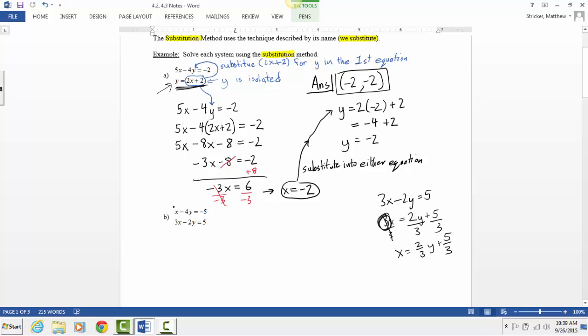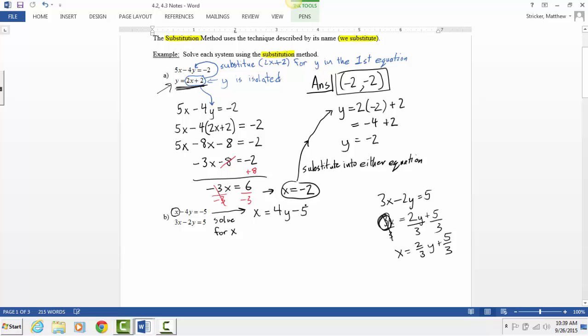Notice in these two equations, every single variable has a coefficient in front of it, except for the x in the first equation. So what I'm going to do is take that first equation and solve for x, because that's going to give me the cleanest substitution. And that's going to give me x equals, move that -4y to the other side, it becomes a +4y minus 5.